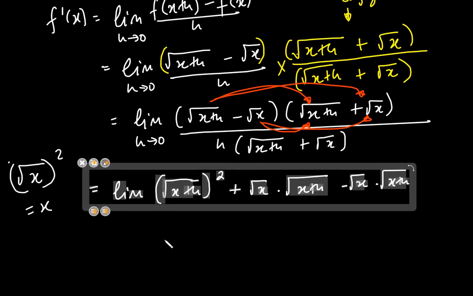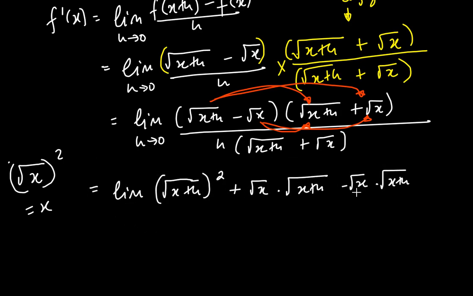Then this negative square root of x times that would be, remember, negative times positive is negative, then we have square root of x all squared. Because it's square root of x times square root of x, that's why I'm saying all squared.